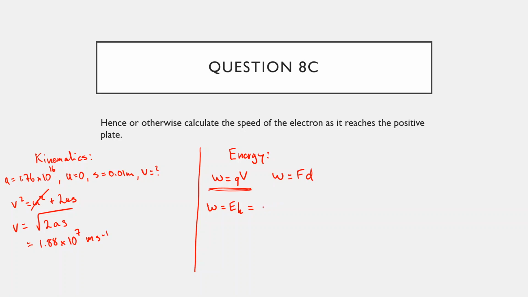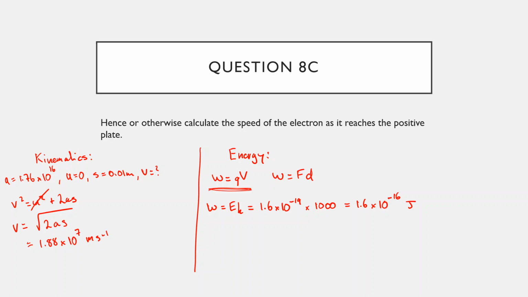That's equal to Q times V. So Q is 1.6 times 10 to the negative 19, V for voltage, so voltage was 1000 volts. And you end up getting 1.6 times 10 to the negative 16 joules. So that's its final kinetic energy as it accelerates across that gap and reaches the positive plate.